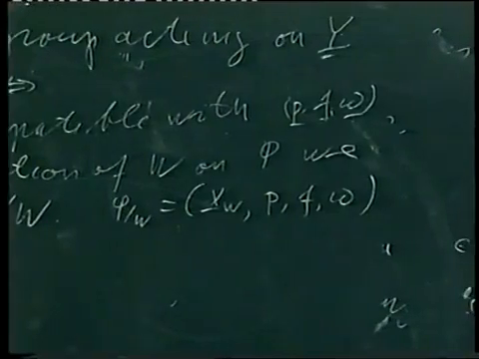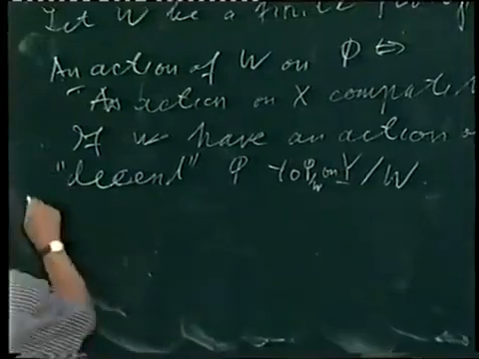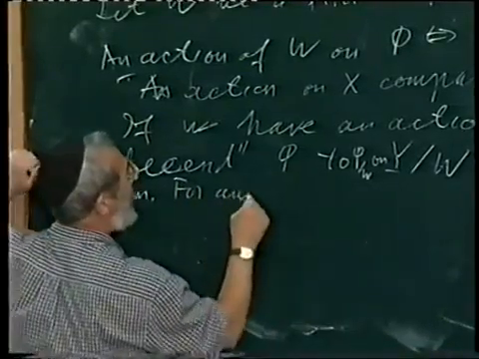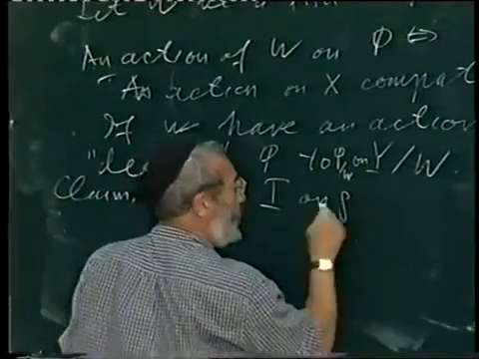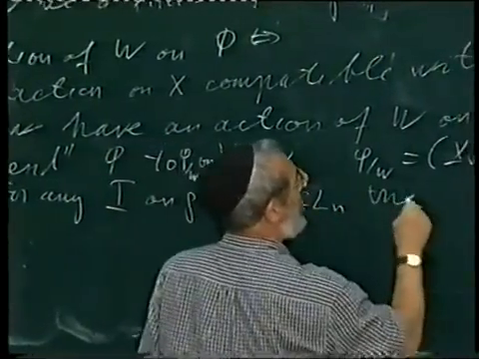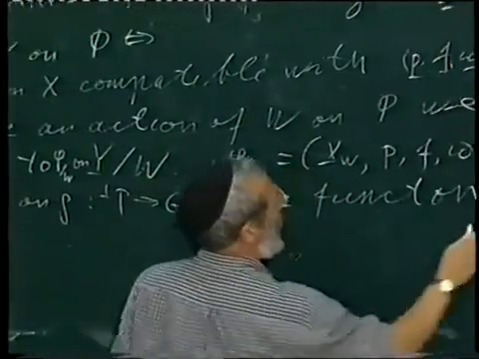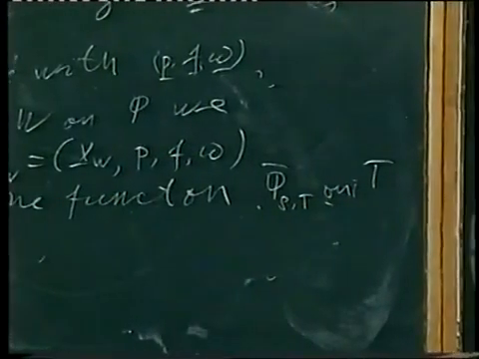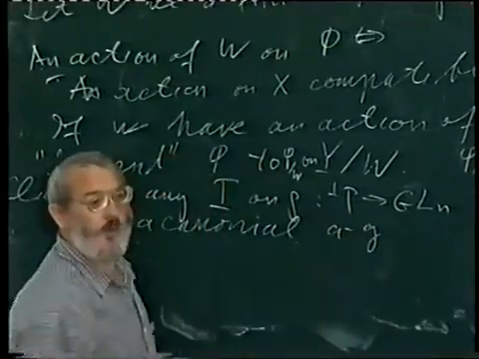Now the conjecture. This situation is quite different. So now the claim, the problem, is to find this. The claim: for any T and rho, as before, rho is a representation in GLN, the function F bar rho T on T has a canonical algebraic geometric presentation.